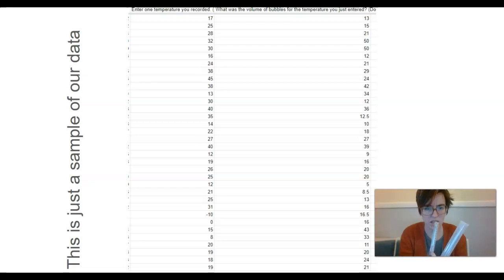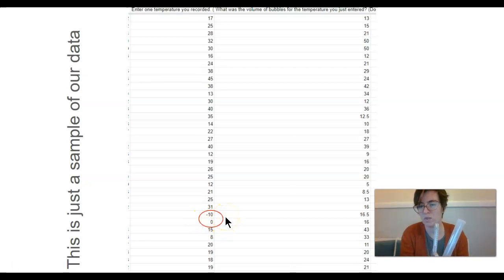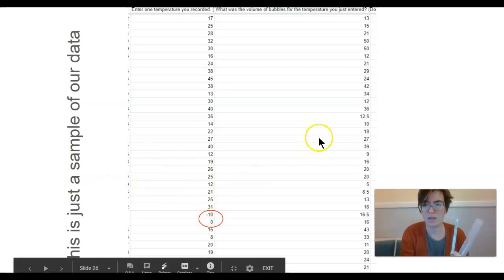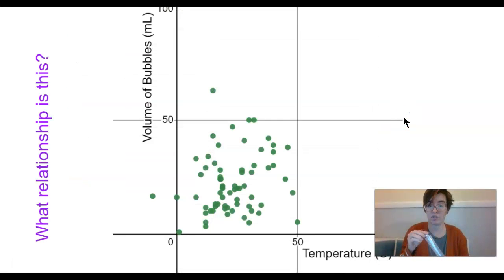Also, when I looked at our data, I noticed some things like this. 0 degrees Celsius is freezing. So I'm suspicious that someone actually got their hydrogen peroxide down to freezing temperature and even colder. So I think that some of this data is probably not accurate, but I left all of it in so that we could see what we got on a graph, and it looked like this.